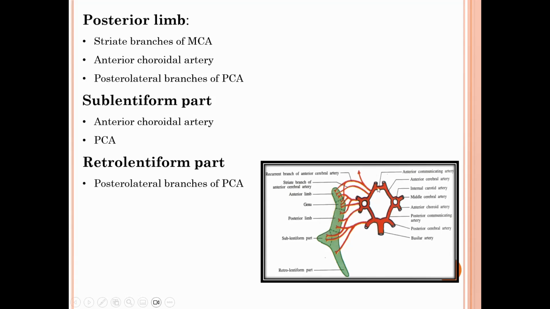Here we are seeing the circle of Willis. Then the sublentiform part is supplied by the anterior choroidal artery and a branch from the posterior cerebral artery, and the retrolentiform part is supplied by posterolateral branches from the posterior cerebral artery.